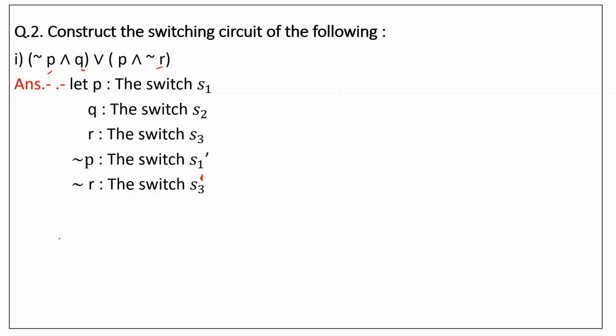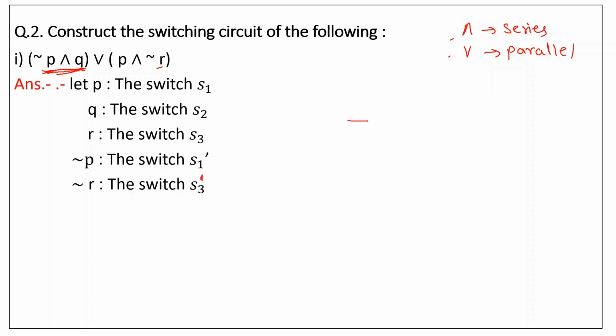Okay. Now we have to construct the switching circuit. So first, see this bracket. These two are in series. And means series, or means parallel. Okay, if you remember this, then it will be easy for you.